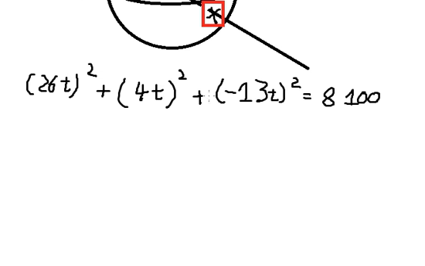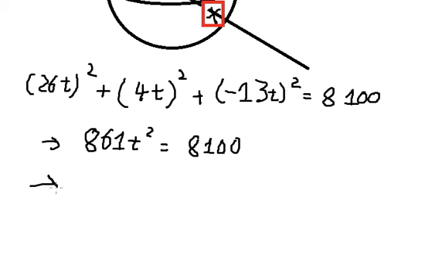We calculate this one and we have 861 t squared equals 8100. Now we need to divide both sides by 861, and we have t squared equals 2700 over 287.